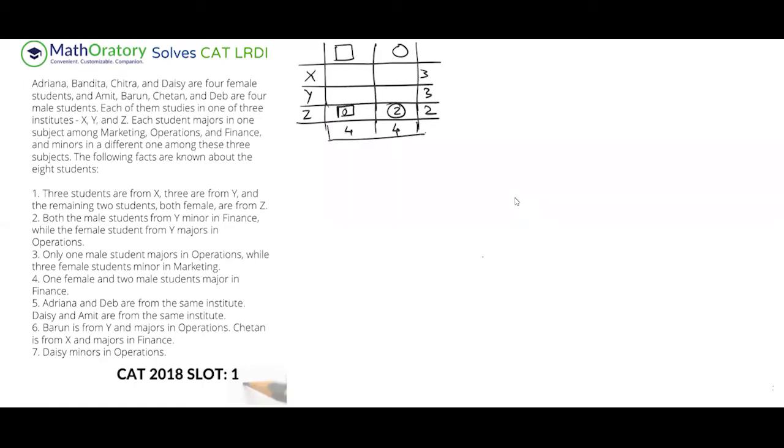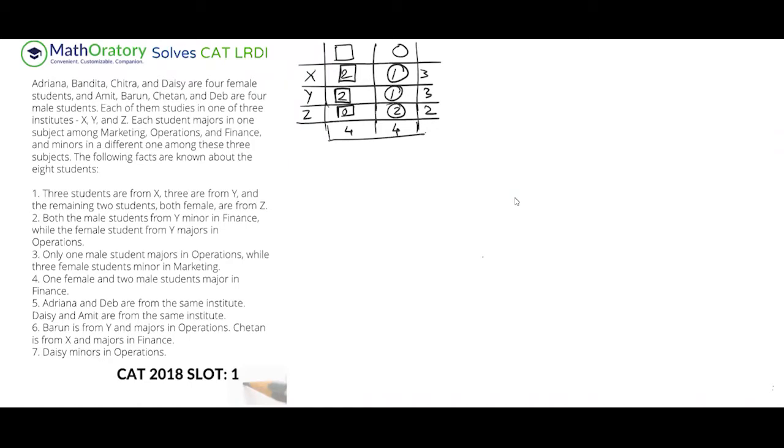This is what we know to begin with in terms of number of males and females. Also, point number two is very important information because it says both the male students from Y. So there are two male students from Y, and the female student from Y majors in operations, so there is one female student from Y. That tells me there are two males from X and one female from Y. Sorry, X. So this distribution is straight away understood.